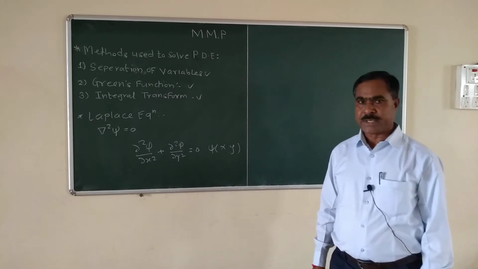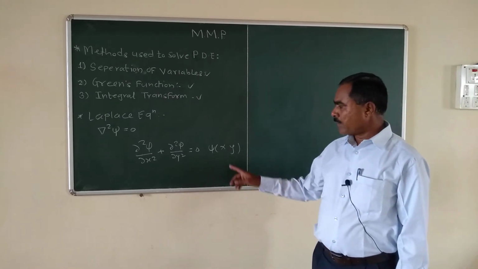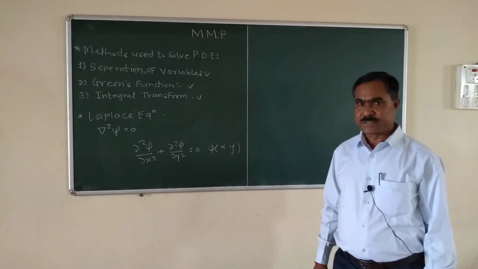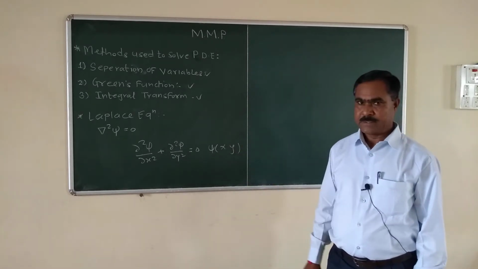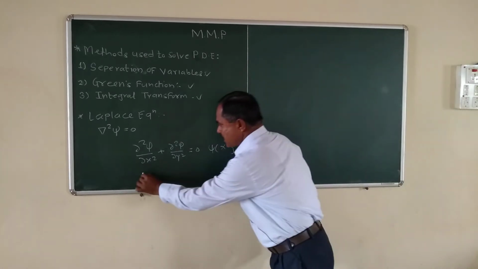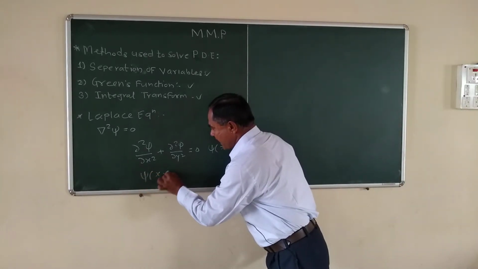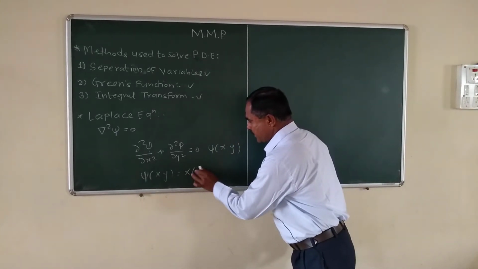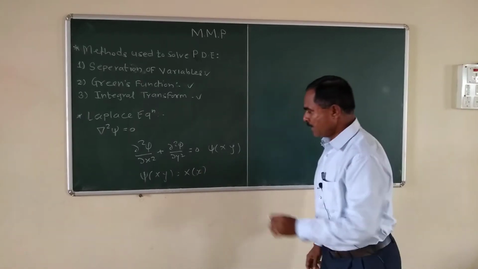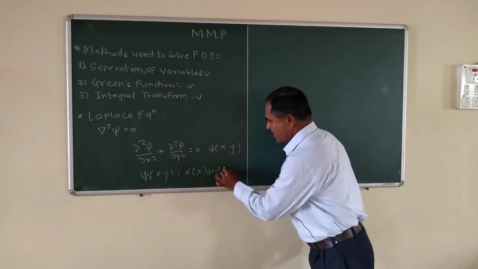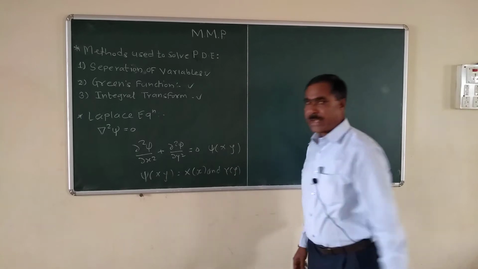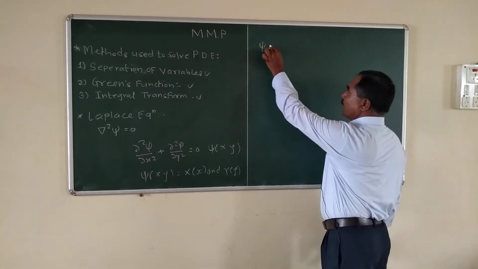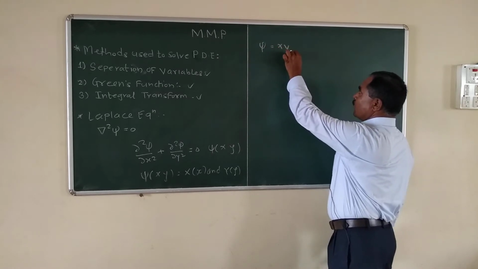Now to solve this equation, here we consider psi as a product of a function of x alone and a function of y alone. That means we can write psi of x y equal to X, a function of x, and Y, a function of y. So we write psi equal to XY.